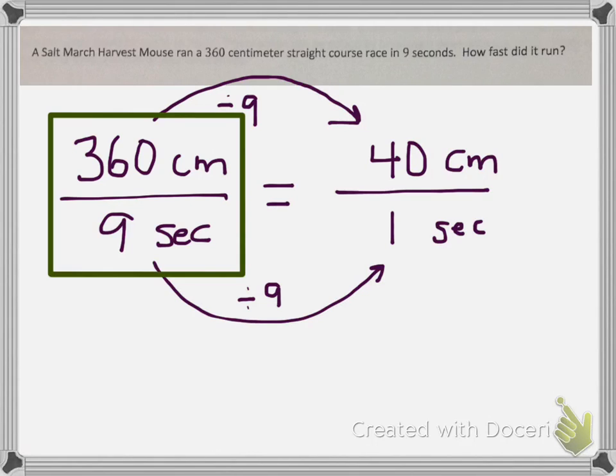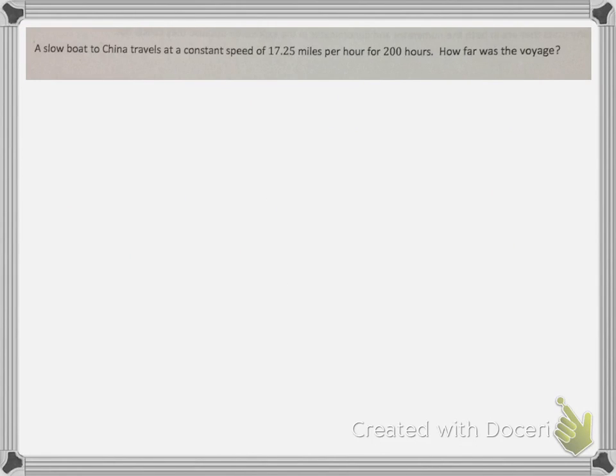Equivalent ratios, or just do what the fraction tells me to do, will find me the rate. Just a reminder for you students, the number part of this is the unit rate, and the other part, this unit part, is called the rate unit. Unit rate is the number, rate unit is the units. Okay? Let's try another example.